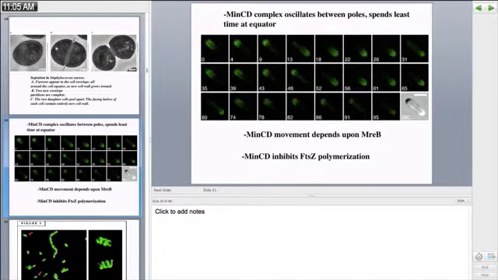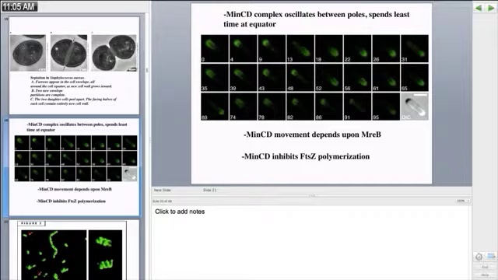But if you watch the movement over time of MinCD, you see that starting at time 0, you have in this northwest pole of this rod-shaped bacterium the collection of MinCD. At 4 seconds, it's still there, perhaps even more concentrated. And at 9 seconds, it's still in that pole.